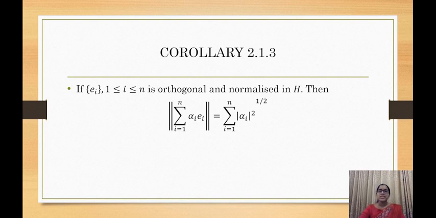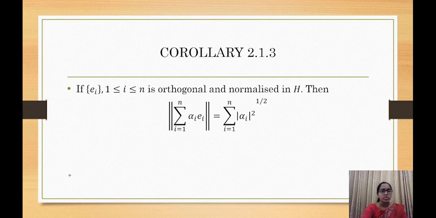The corollary states that if the set e_i, where i varies from 1 to n, is orthogonal and normalized in H, where H is the Hilbert space, we denote Hilbert spaces by the capital letter H, then the norm of the summation i equal to 1 to n of alpha_i e_i is equal to the summation i equal to 1 to n of |alpha_i|² whole raised to 1 by 2. The proof of this corollary is pretty simple.